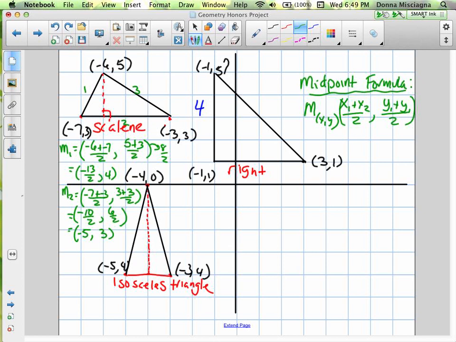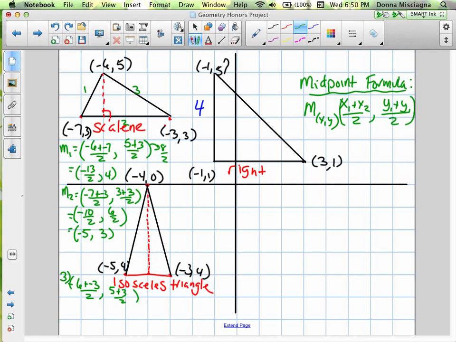All right, and then let's find the third one. Let's see if I can put that in. I have to put it down here. -6 plus -3 divided by 2, and 5 plus 3 divided by 2.